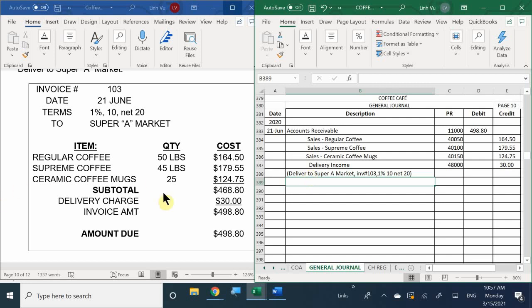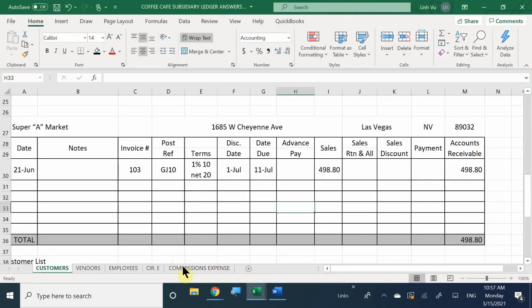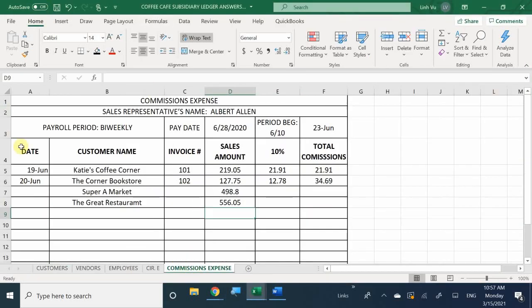We forgot one thing. The commission. Okay, we forgot two more things. Let's update the commissions. First things first, Albert delivered on the 21st, with invoice number 103 for $498.80. So what is 10% of 498.80? Yep, 49.88.